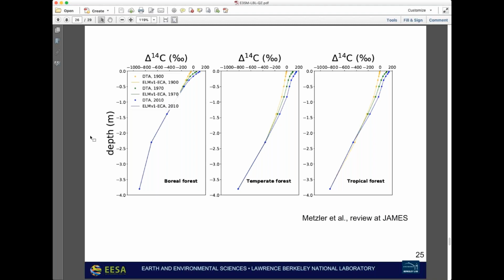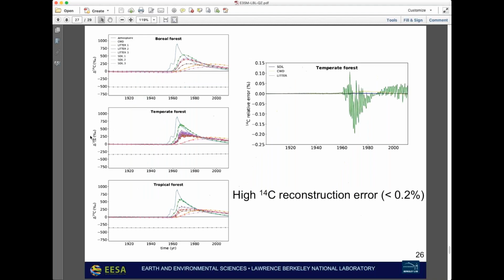Without giving the 14C dynamics at all into the mathematical system, those dots represent those lines very accurately, and the bias analysis tells us that for the boreal sites and also the tropical sites, the reconstruction is almost perfect.